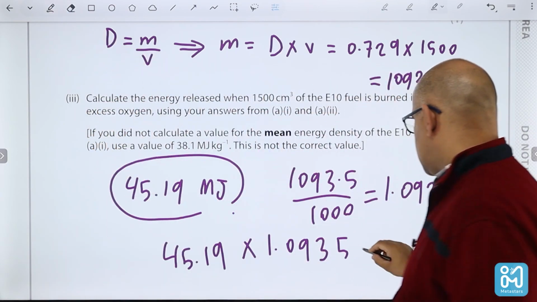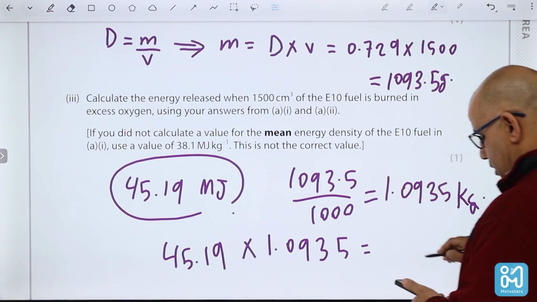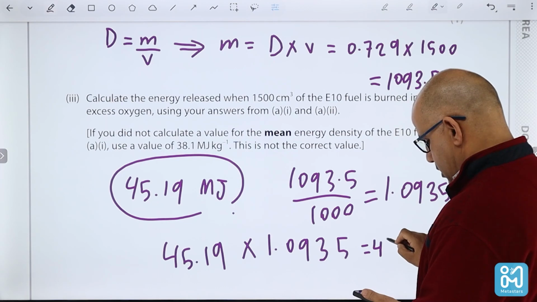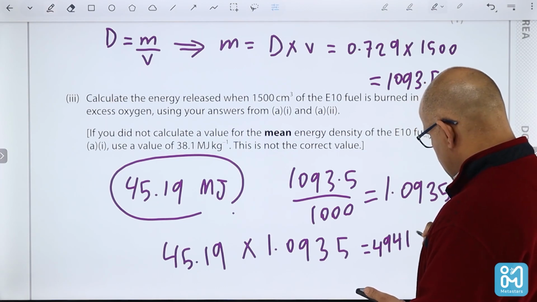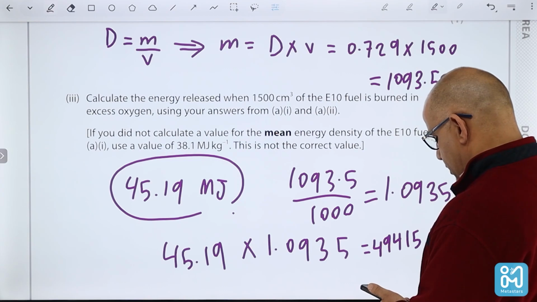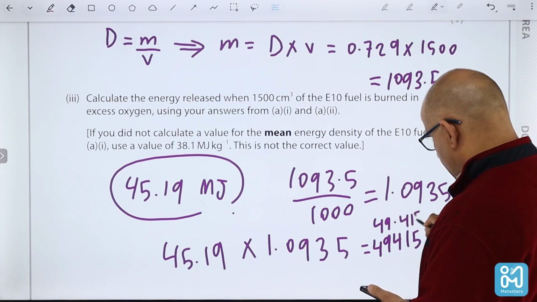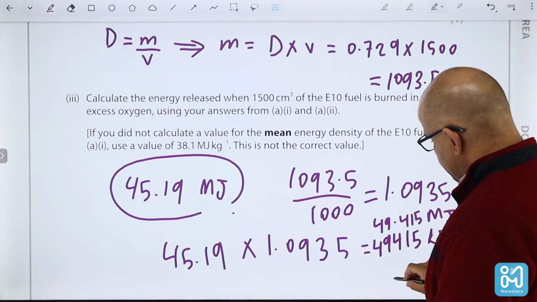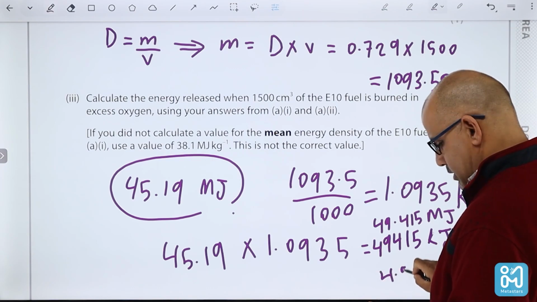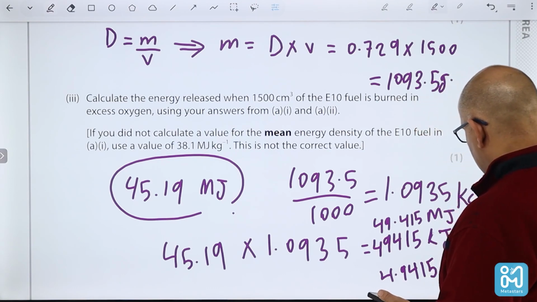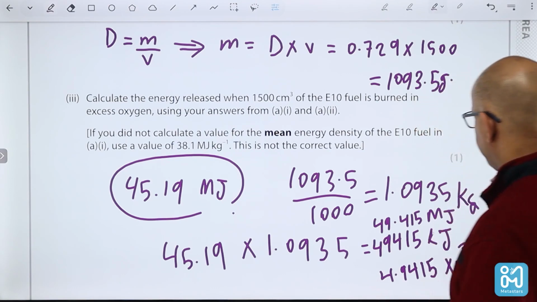The correct answer equals 49.415 megajoule, which is 4.9415 times 10 to the power 7 joules.